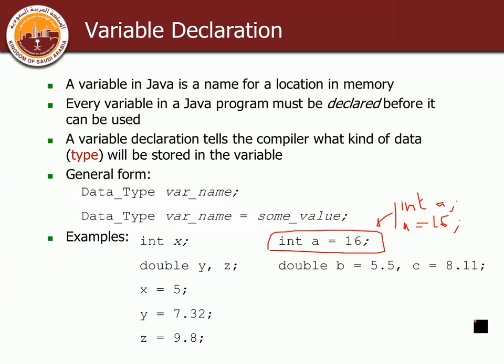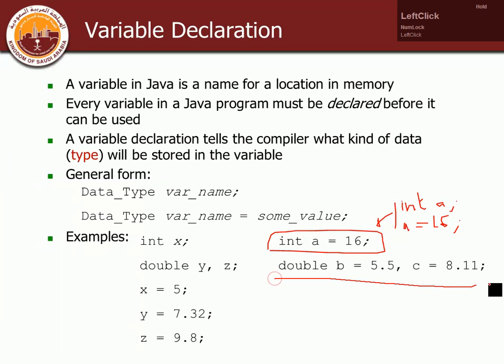This is something that you're going to see many times, because programmers are lazy typing people, and every time we can shorten something, we're going to try it. So this is a short way to write. Instead of writing two lines, we write only one line. That means declare a as an int and put 16 inside of a. Two things in one line.